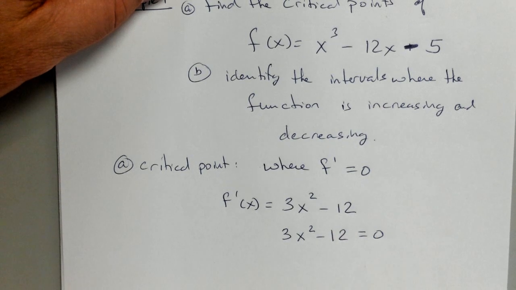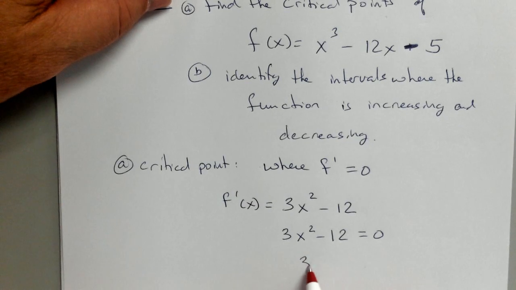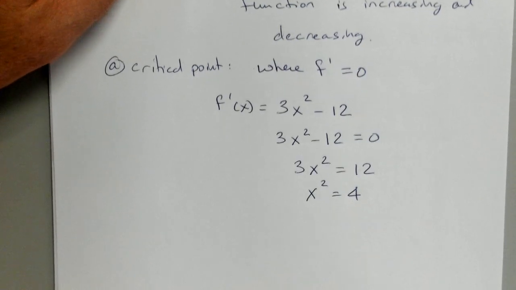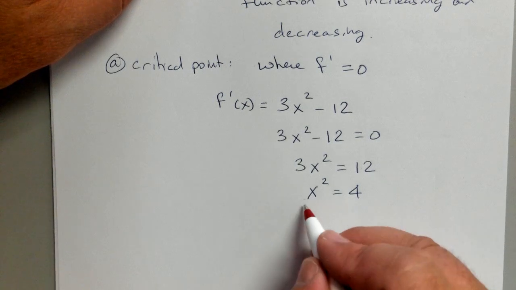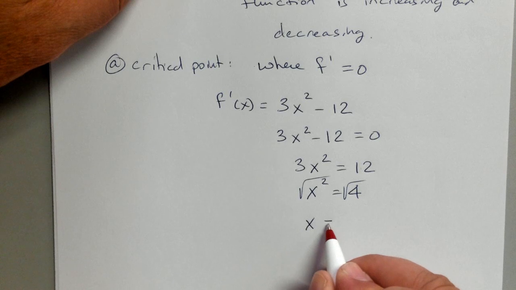Set it equal to 0, because you have to set the first derivative equal to 0. Solve for x. Move the 12 over first, divide both sides by 3, and take the square root of both sides. So your answers are what?